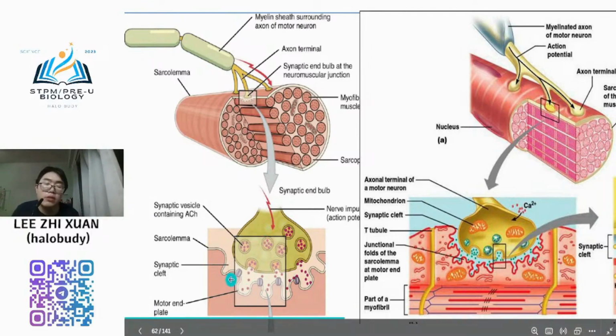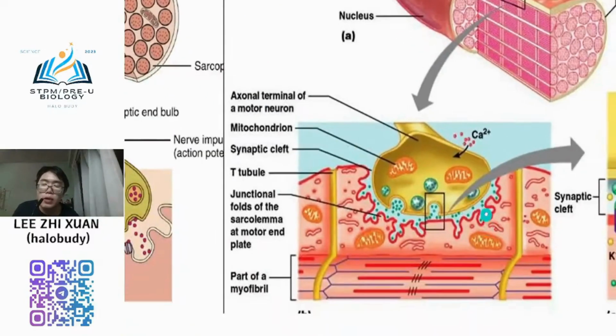The lower part contains the receptor for the neurotransmitter to bind, to trigger the action potential inside the muscle tissue. But for now, it triggers skeletal muscle contraction, which we will learn about later. For now, you just want to know about the structure. So we will see this diagram more clearly.